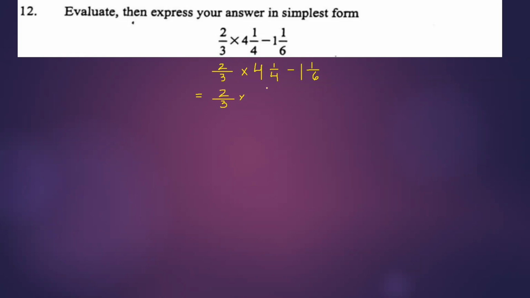So we multiply 4 times 4, which is 16. 16 plus 1 is 17. Very good. So it's going to be 17/4 minus. Here we multiply 1 times 6, which is 6, plus 1 is 7. So it's going to be 7/6.